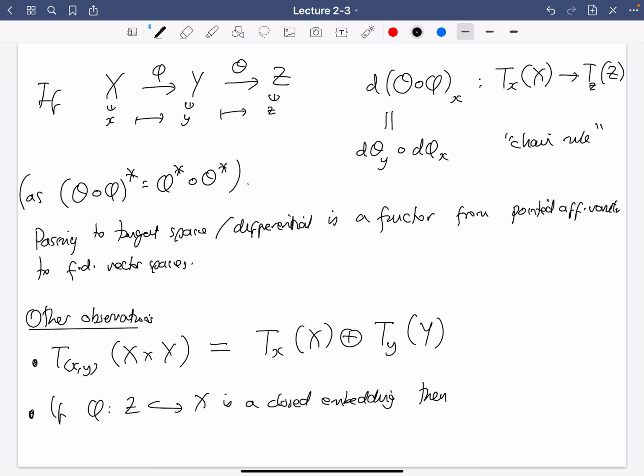Well, then you can look at the differential. So I need a point. The differential of phi at some point z, which goes from the tangent space of z at z to the tangent space of x at z, is actually an isomorphism onto its image.